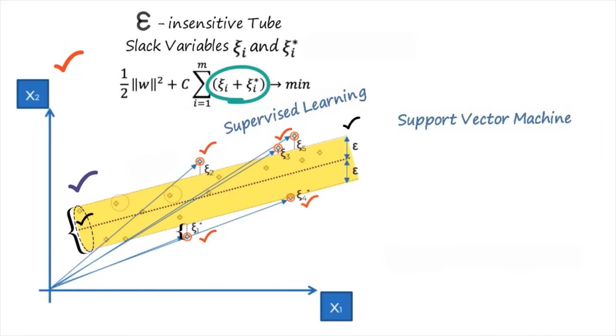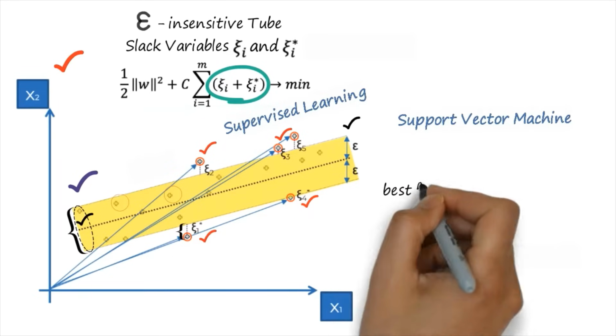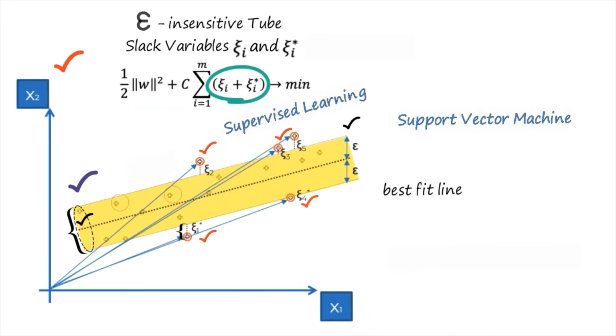The basic idea behind SVR is to find the best fit line, which is the objective of any other regression method also. We have to find the best fit line for our data points.